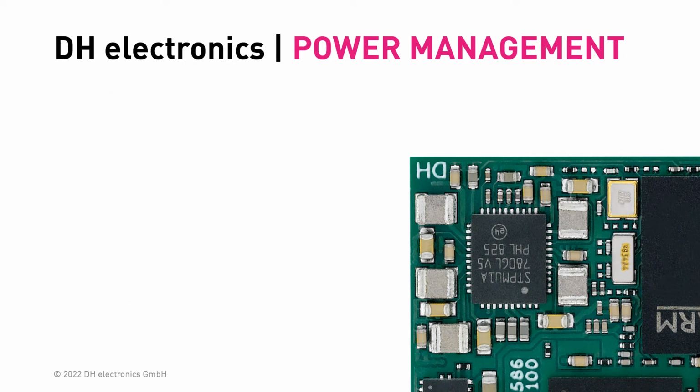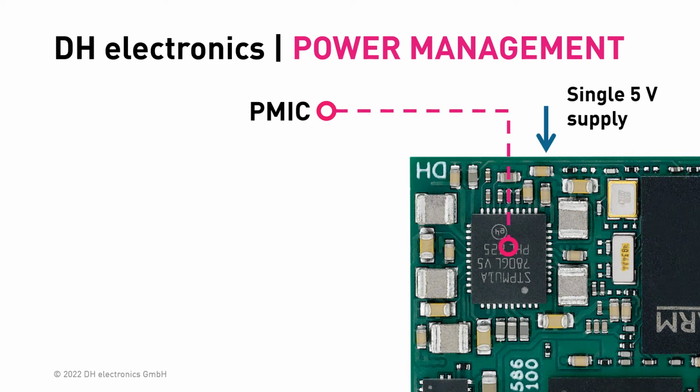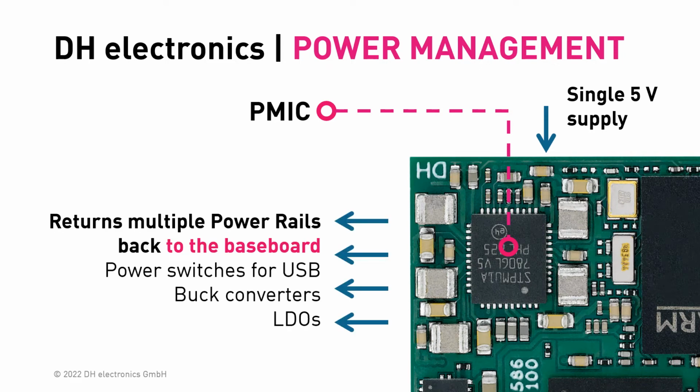On this slide, I'd like to show you an overview of the power management of our DH-Core STM32MP1 system on module. Here we have only a single 5-volt supply. This is directly provided to the PMIC, and then we have multiple outputs of the PMIC fed back to the mainboard, which can be used to supply the whole mainboard.